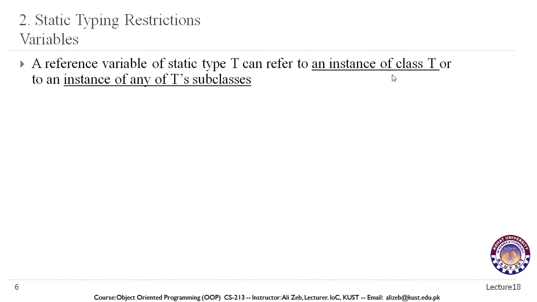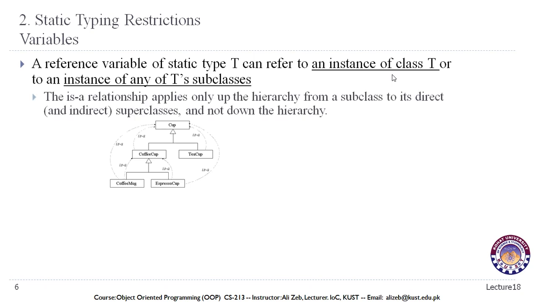If we declare a variable of type T and T is a class, it's a user defined data type maybe, or it can be a system defined data type, then it can refer to an instance of class type T, or to an instance of any of T's subclasses. And we have seen this in our previous lectures as well, that an object of the subclass is an object of the superclass. There is a relationship between these classes.